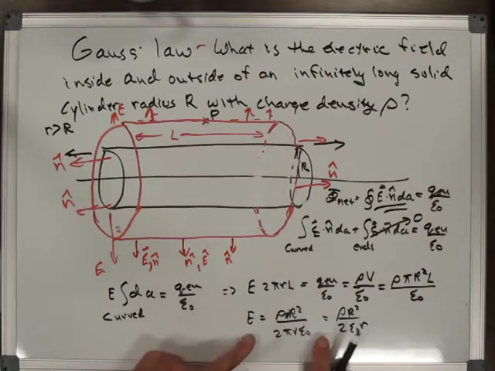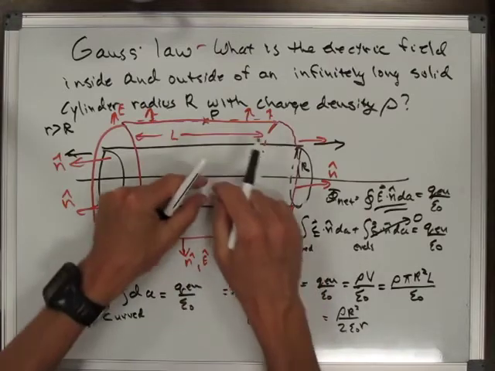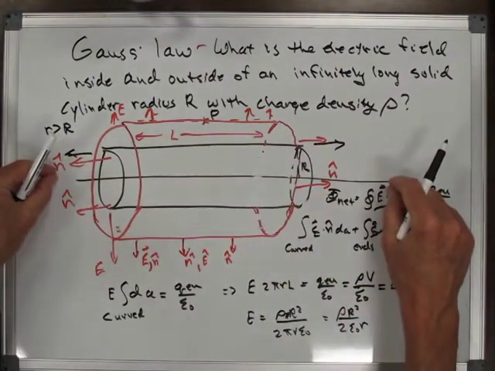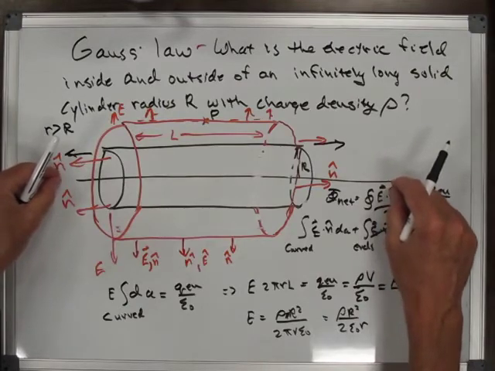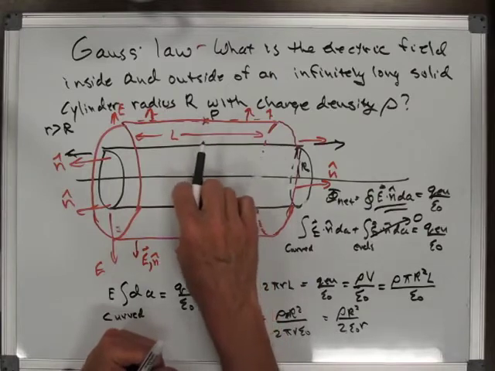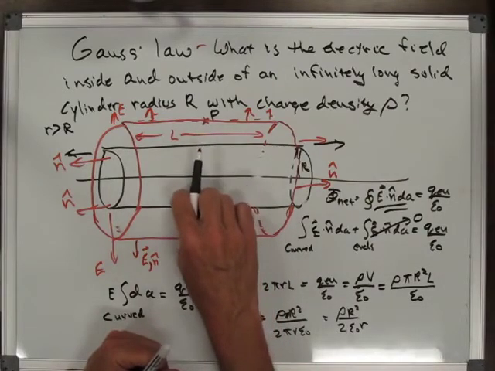So you'll notice, actually, that this is the exact same result we got in the last series from a wire that had a linear charge density of lambda. And I can show you that because we can calculate the linear charge density for this guy, right?